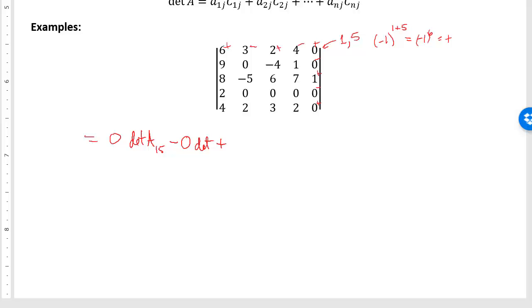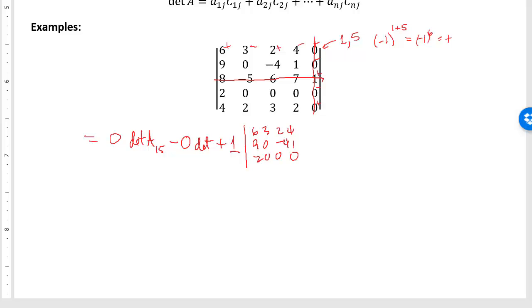And then the third element is going to be 1, and now we're going to have to find the submatrix or the minor matrix after we cross that out. So we have a 6, 3, 2, 4, 9, 0, minus 4, 1, a 2, 0, 0, 0.